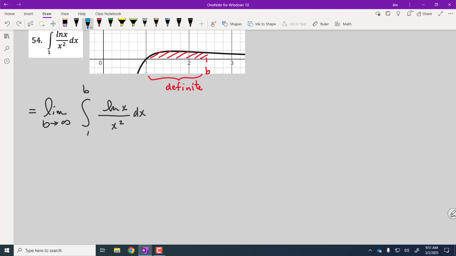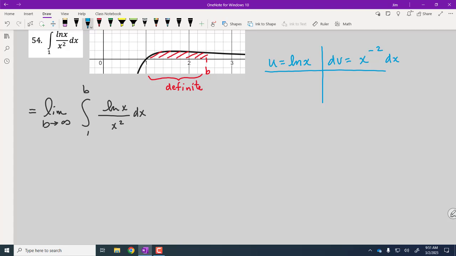So we're going to go with ultraviolet voodoo. We're going to let u be natural log of x, because if we put the natural log of x with the dv, we don't have an instant antiderivative that most of us know.